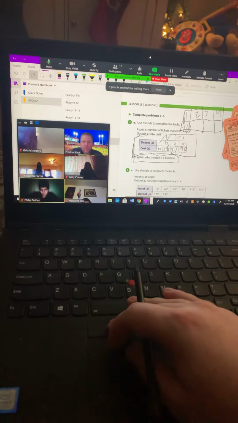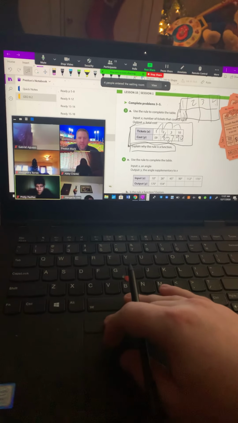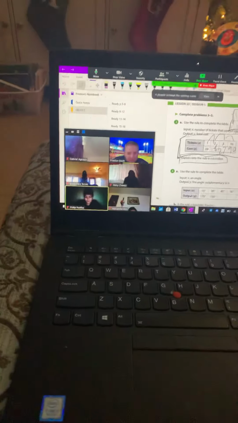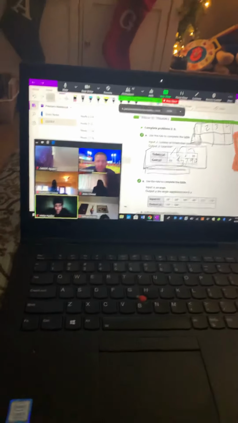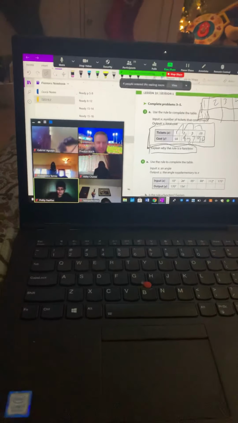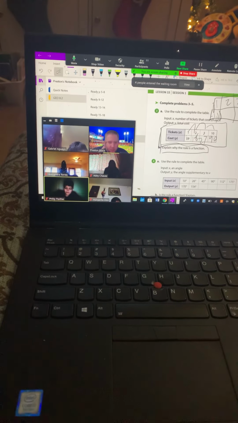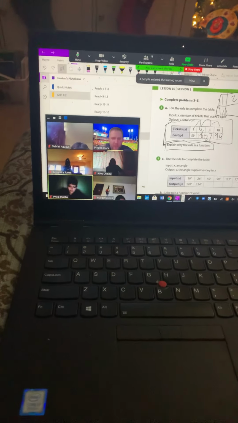So use the rule to complete a table. We talked about the rule of the function. It needs to have one input and one output. Now we're really going to have to think about this table. Philip, can you read question 4, please?